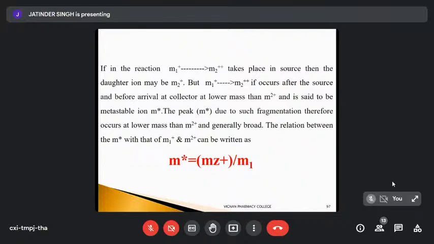In our SICI, the Sophisticated Instrumentation Center, you should visit. There is a liquid chromatography LC-TOF MS system.